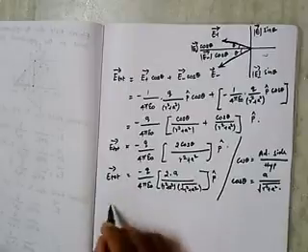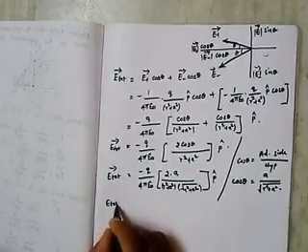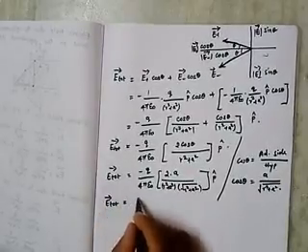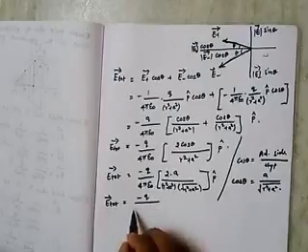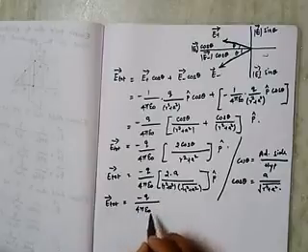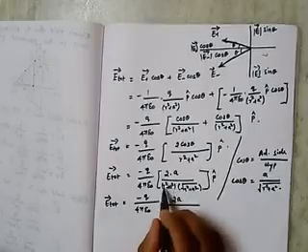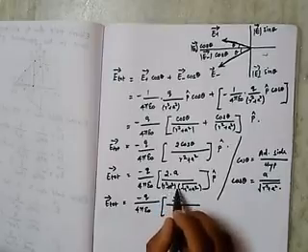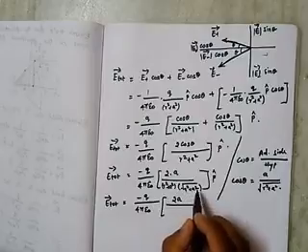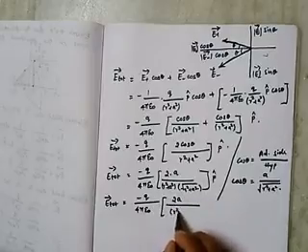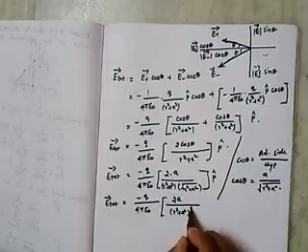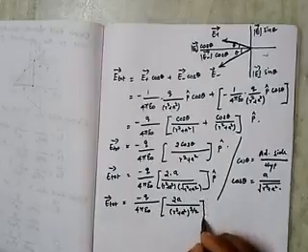Okay students, so from this the total electric field is equal to minus q divided by 4 pi epsilon naught. It can be written as 2a divided by r square plus a square into root of r square plus a square, so r square plus a square whole power 3 divided by 2, p cap.